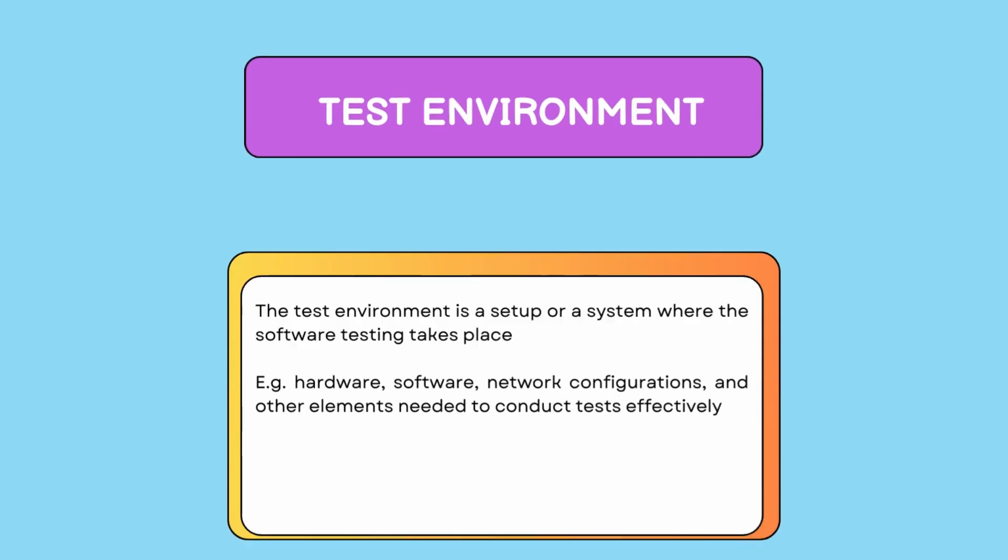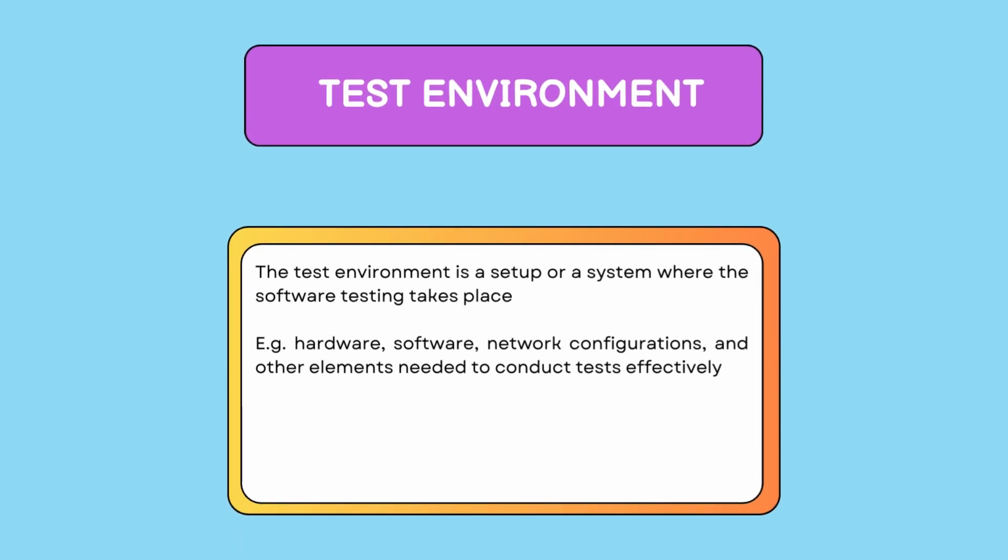Okay. Let's move to the next term, and the term is test environment. The test environment is a setup or a system where the software testing takes place. It's a very simple definition, but it is the most important term that you should know, because without knowing the test environment, a tester cannot perform testing effectively.